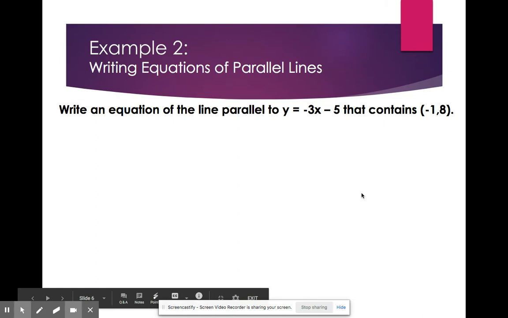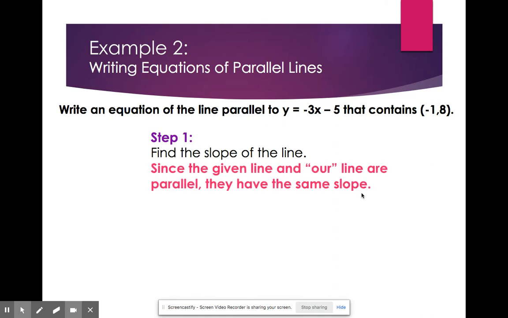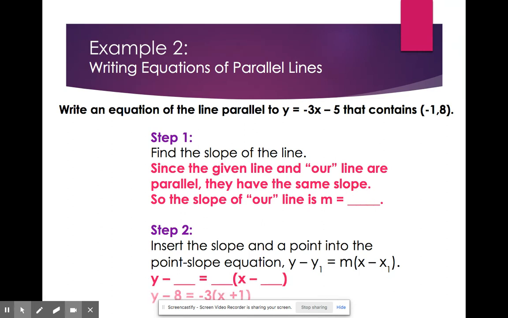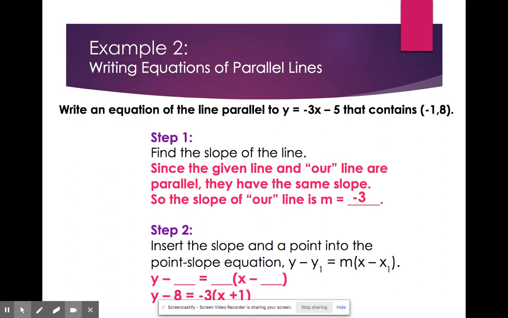We can also do this if we have an equation and a point. Step 1, find the slope of the given line. Since the given line and our line are parallel, they have to have the same slope. So the slope of our line is -3. Step 2, insert the slope and the point into the point-slope equation: y minus y1 equals m times x minus x1.